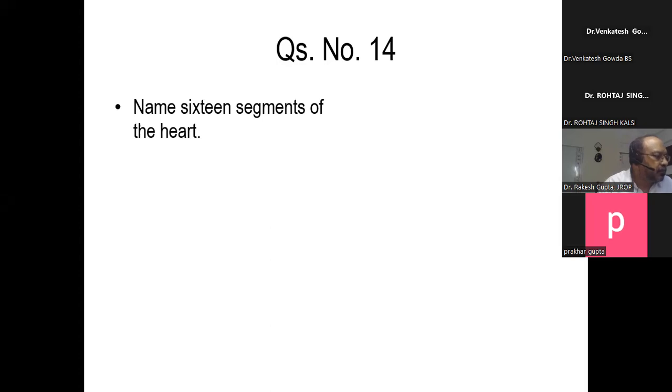Basal septum, mid septum, apical septum, then apical anterior septum, mid and basal, apical anterior. Again, you're confusing. Anyway, it's okay. You're confusing amongst many, like 16 versus 17 segment models. It's acceptable.